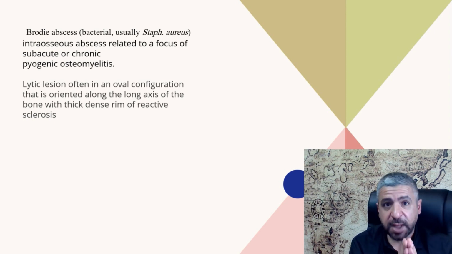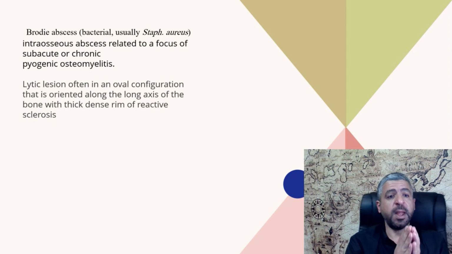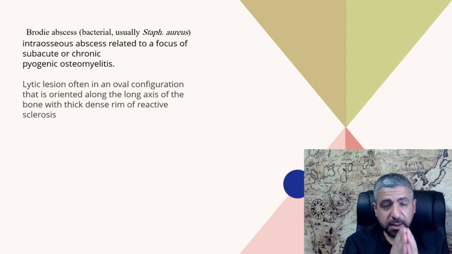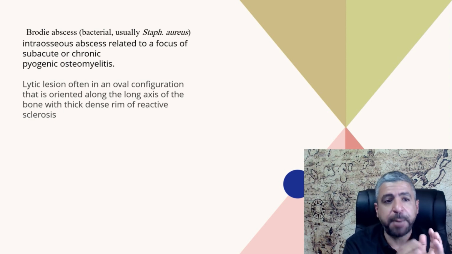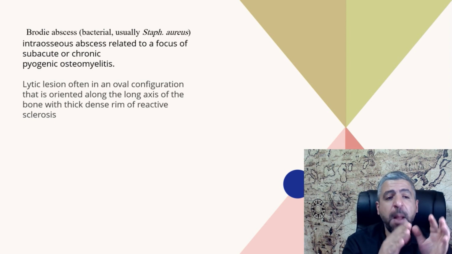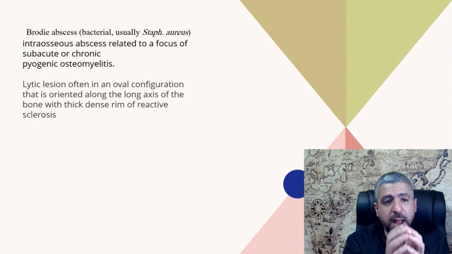Usually it's due to Staph aureus infection, and it's related to a focus of subacute or chronic pyogenic osteomyelitis. So it is basically a well-defined intraosseous abscess of pyogenic osteomyelitis.